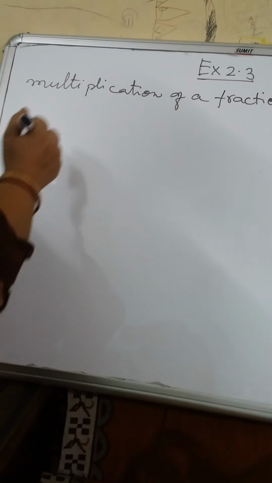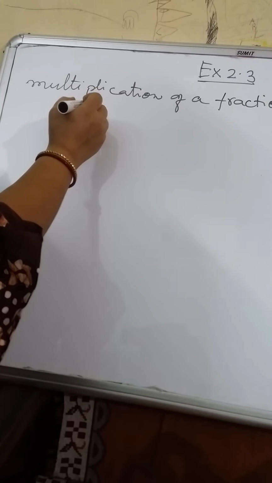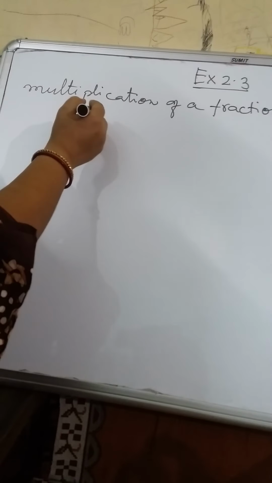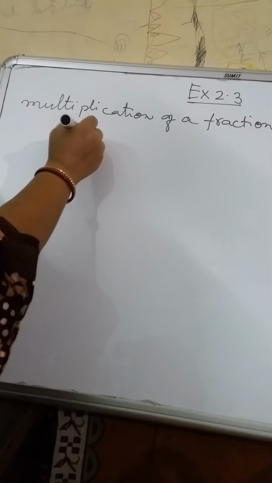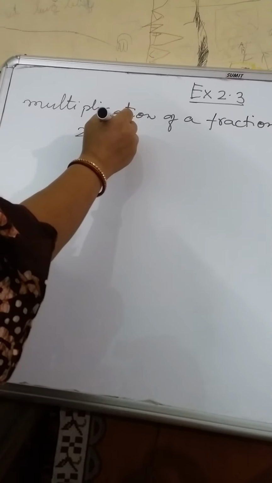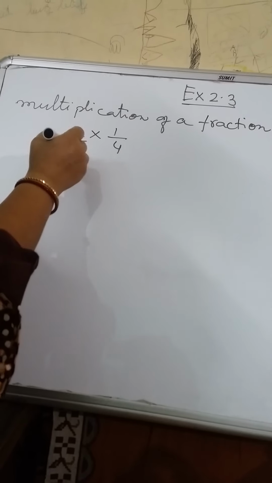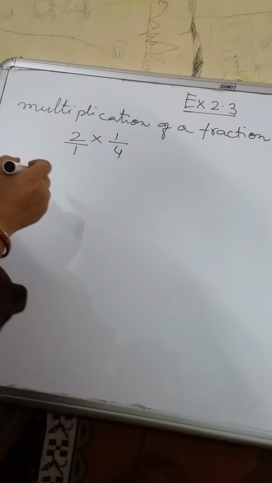Our today's topic is multiplication of a fraction by a fraction. That means both are fractions. If you remember, when we discussed yesterday, when multiplying a whole number and a fraction, like 2 into 1 by 4, we write 1 as the denominator of the whole number.